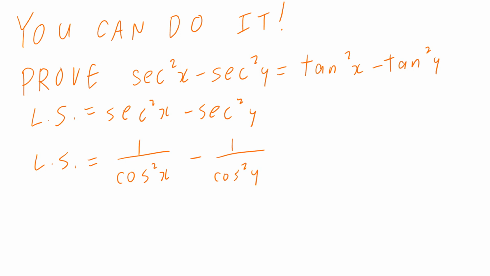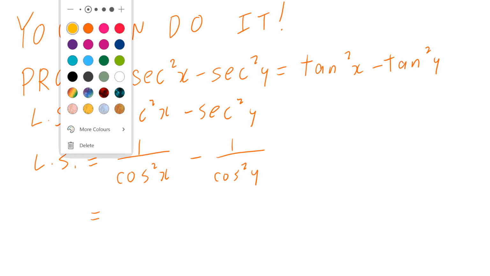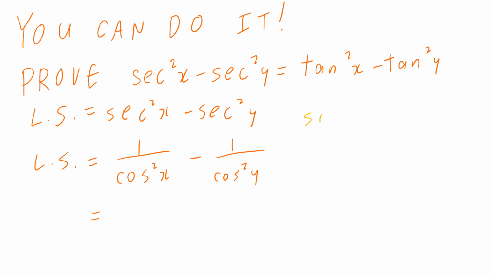Now before we combine them as a fraction, you can go back and think about the following property. Sin²x plus cos²x equals 1. Or if you want to think about it in this context, you can also say sin²y plus cos²y equals 1.